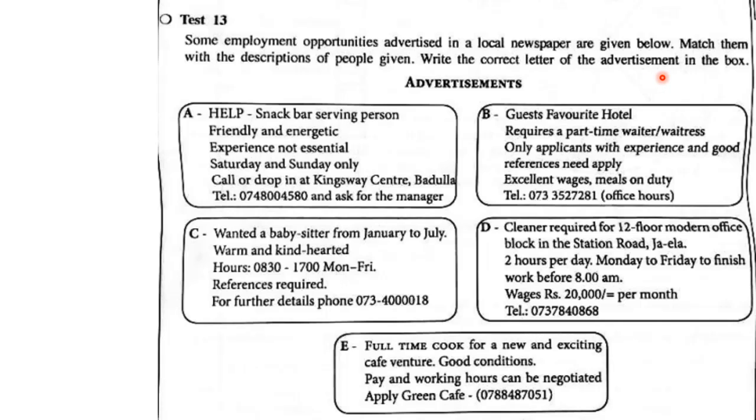Right. So what are the letters given to you, my dear children? You have A. So this is advertisement A, and then you have B, C, D, and finally E. So if you have 5 options, each option will carry 1 mark. So you get a total of 5 marks for this, right?